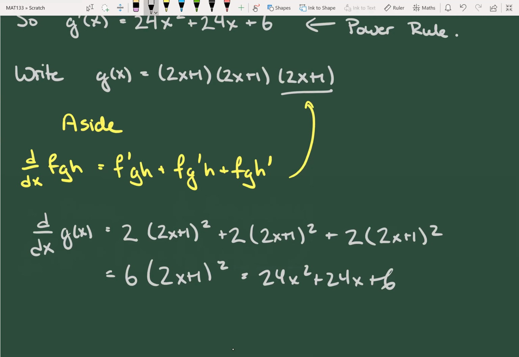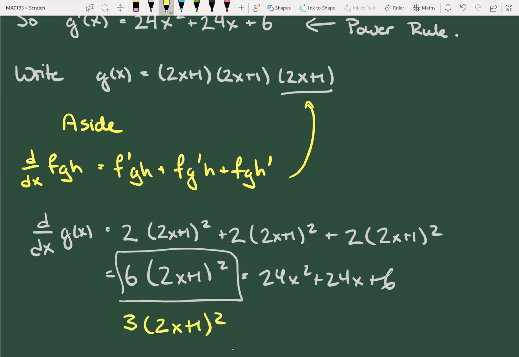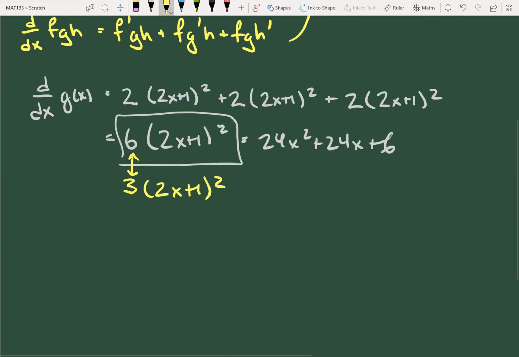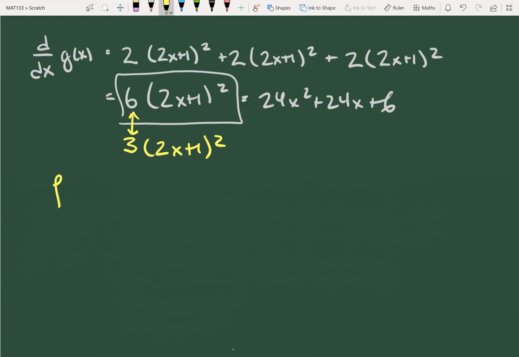Also, for those of you who have done B, hopefully you can see how this is different from your answer, right? So the B answer that some people gave was 3 times (2x plus 1) squared, and it's not 3, it's 6 times (2x plus 1). Okay, how did I get 2 times (2x plus 1)? So what we're going to do here is the f prime g h term. f and g and h are all the same function, right?